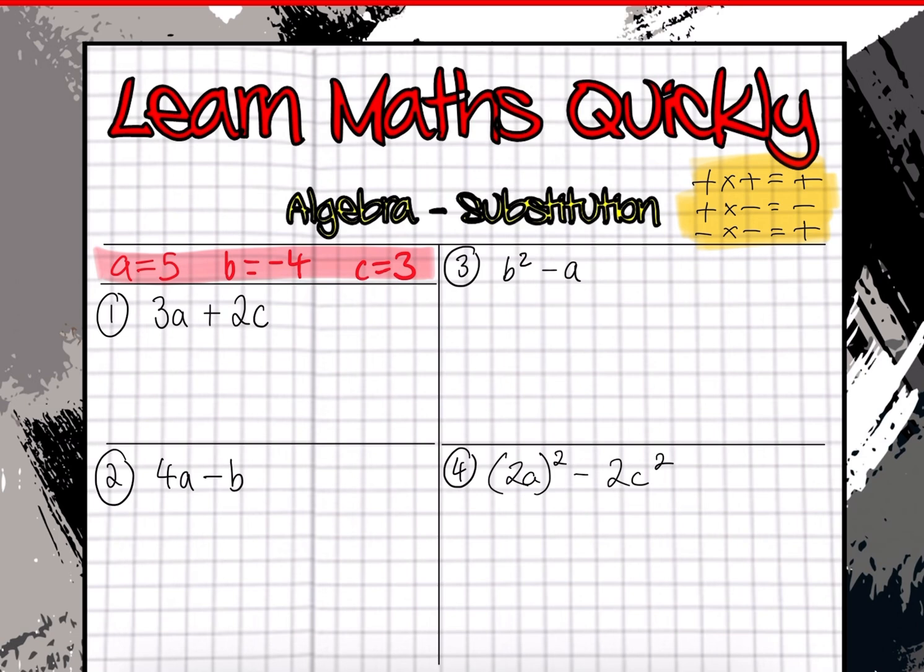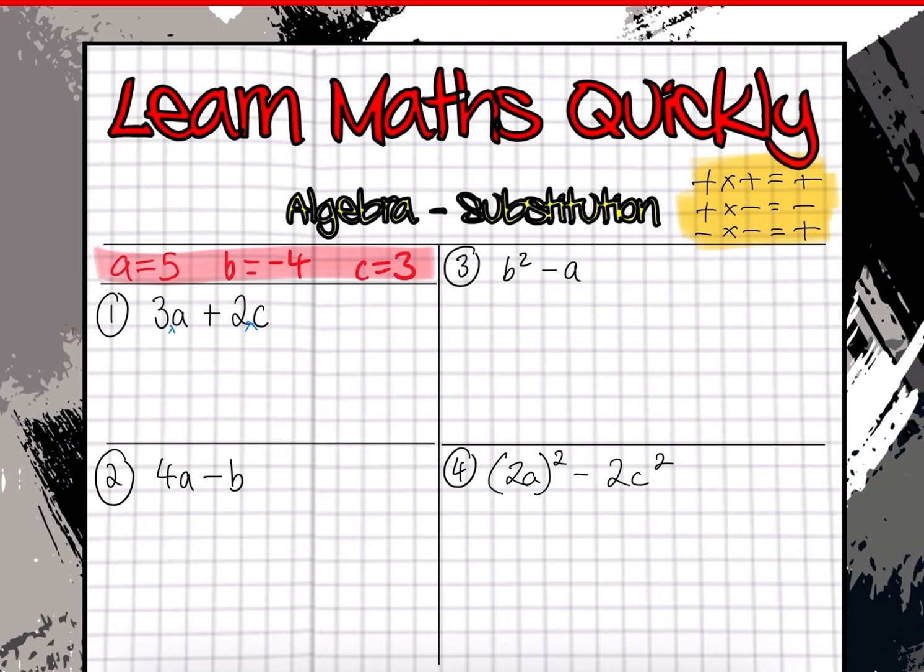So let's start with number 1. So 3a plus 2c, what that's actually saying is 3 times by a plus 2 times by c. Don't forget there's that mini multiplication sign in between the 3 and the a and the 2 and the c.